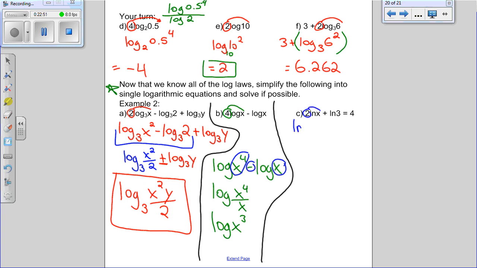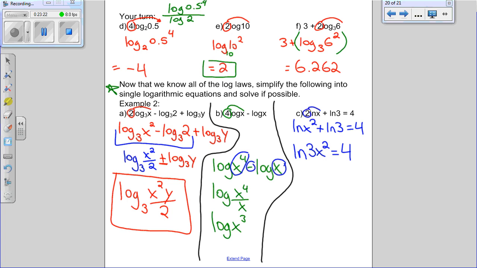I have an addition of logs, so that means it's log 3 times x squared equals 4. So I multiplied the arguments together because the logs are being added. Now I have to figure what x equals. X is part of my log scheme. So if you're trying to solve for something that's part of your log, what form do you have to change to?